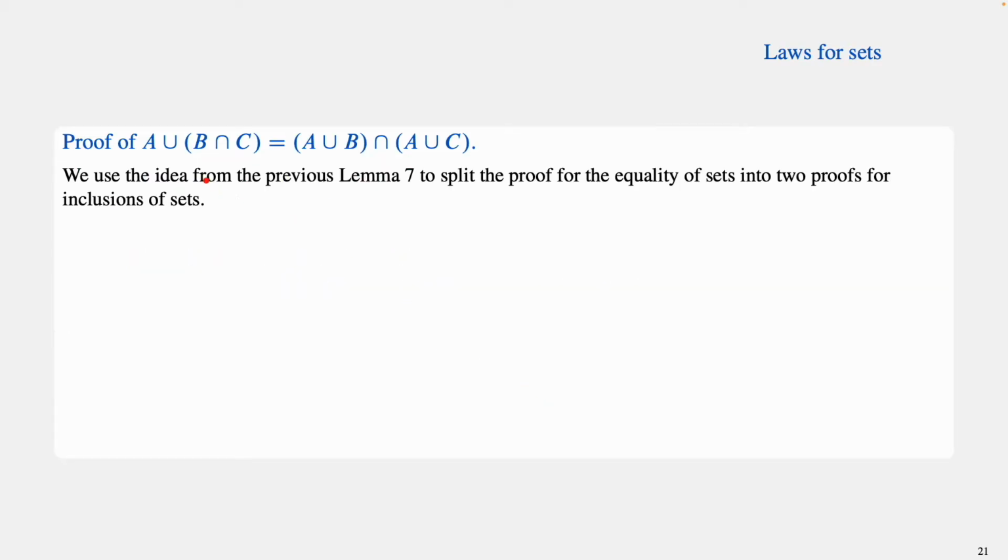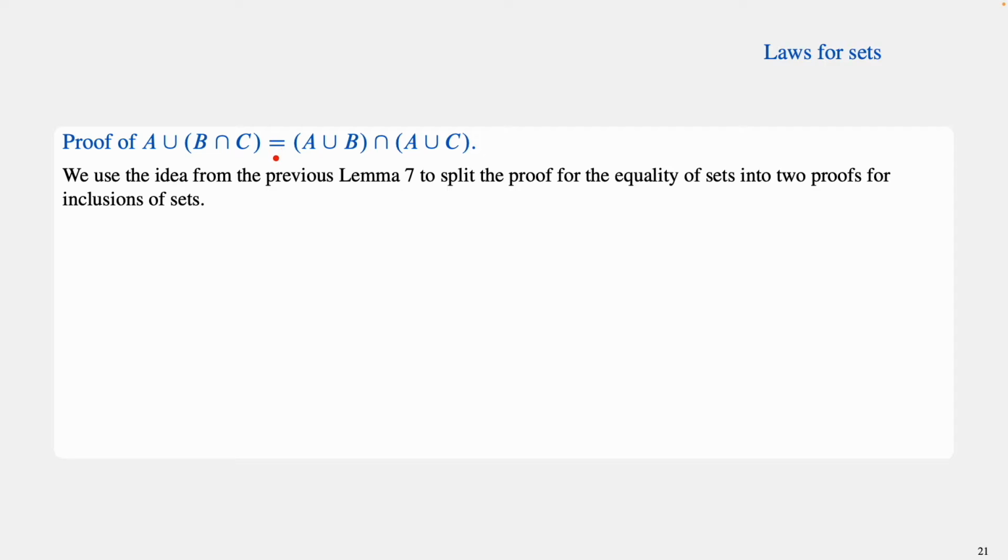So the proof of this distributivity law, A union, in parentheses, B intersection C, equals A union B intersected with A union C. And we use the idea from this lemma 7 that we just had to split the proof for the equality here into two proofs for inclusions of sets.